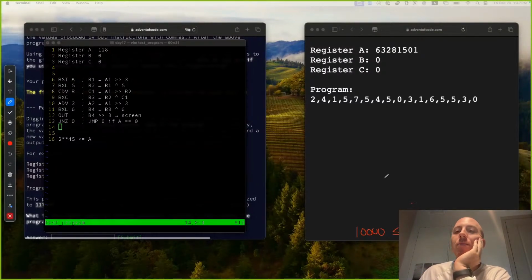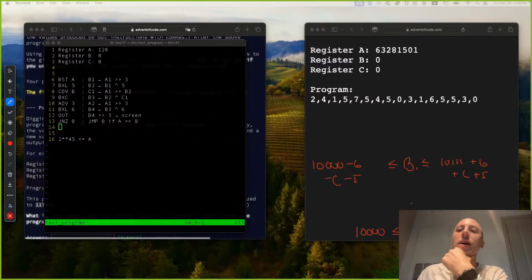Then we got our way up to B1 being bounded by this: -6 minus C minus 5, and this plus 6 plus C plus 5. So if B4 is in this range, then we're going to print out a 2. If B1 is in this range, then we're going to print out a 2.